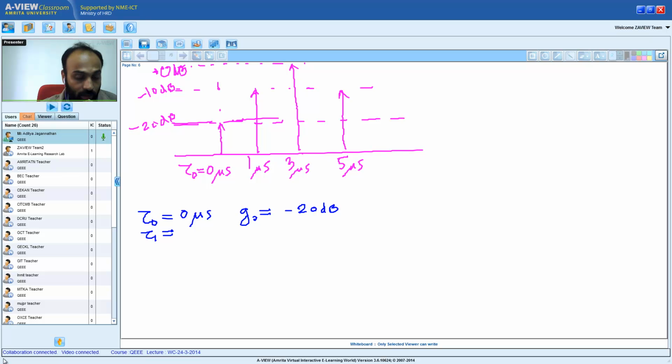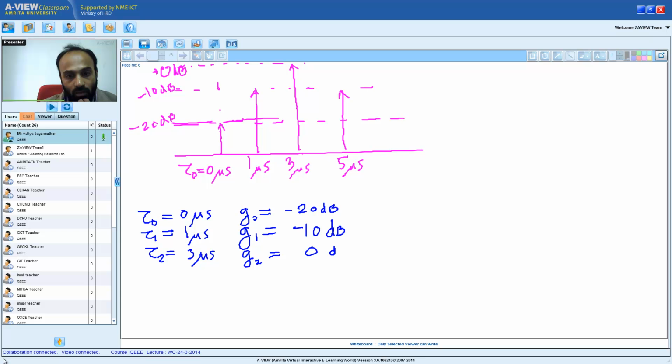Tau naught equal to 0 microseconds, tau 1 equal to 1 microsecond, G1 equals minus 10 dB, tau 2 equals 3 microseconds, G2 equals 0 dB, and tau 3 equals 5 microseconds, G3 equals minus 10 dB.